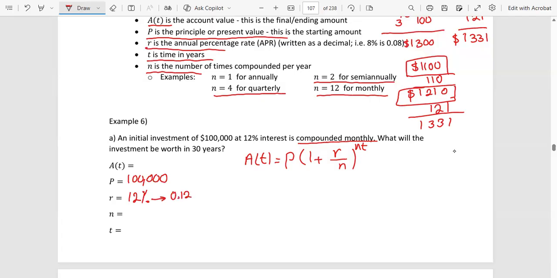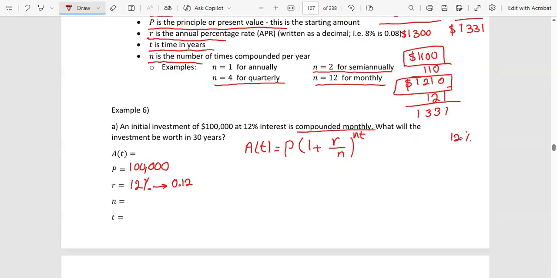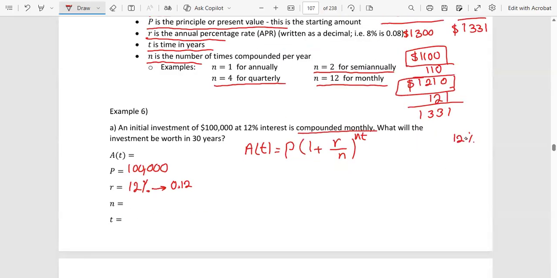Because 12%, if you want to change it to a decimal, you have to move the decimal point 2 digits back. Since there is no decimal point shown, the decimal point is at the end of the number, and if you move it 2 digits back, it gives you 0.12. N is the number of times that the compounding occurs.